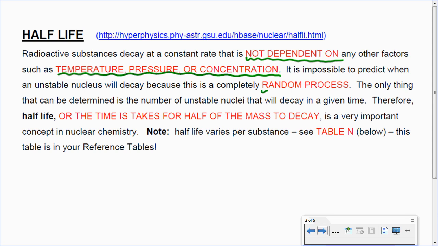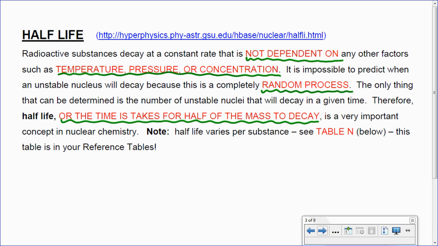The only thing that can be determined is the number of unstable nuclei that will decay in a given period of time, because that's what the half-life is. Therefore, half-life, the time it takes for half of the mass to decay, is a very important concept in nuclear chemistry.